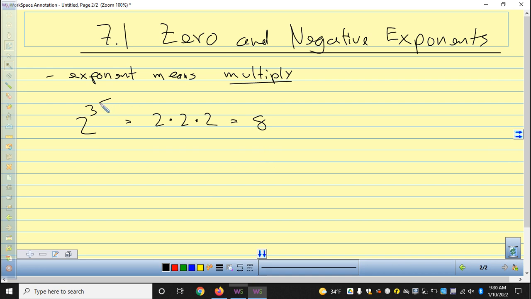So this is the exponent. The number 2 here in this case is the base. And the whole thing together we call a power.